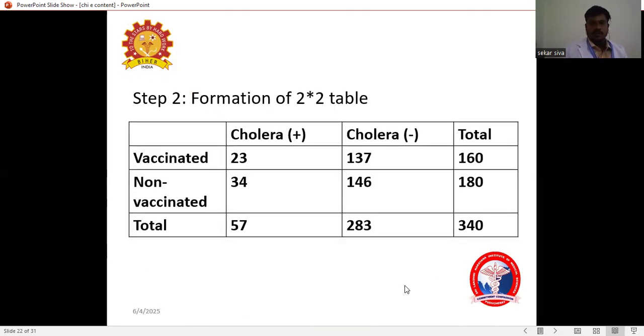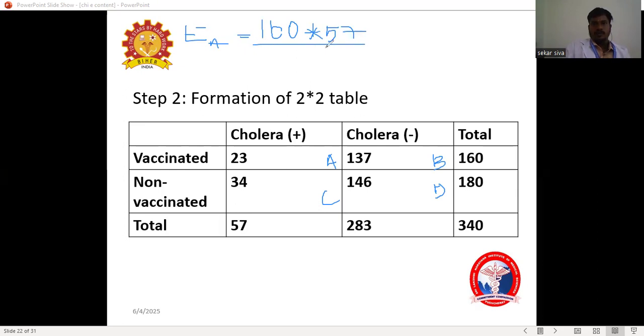Okay, let's label the cells: this is A, this is B, C, and D. For finding the expected value for cell A, this row total is 160 into column total 57 divided by grand total 340.